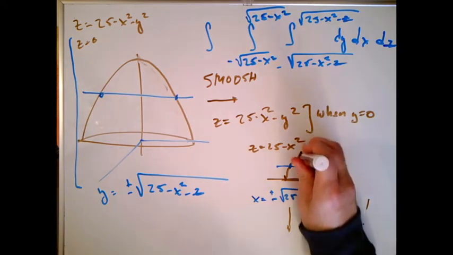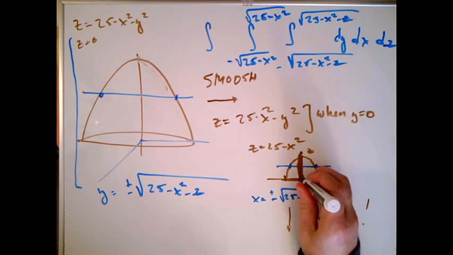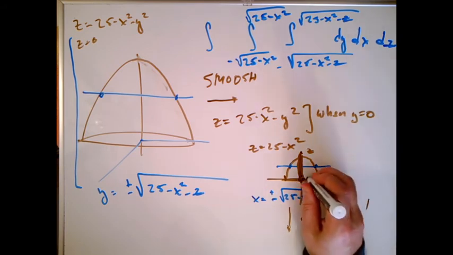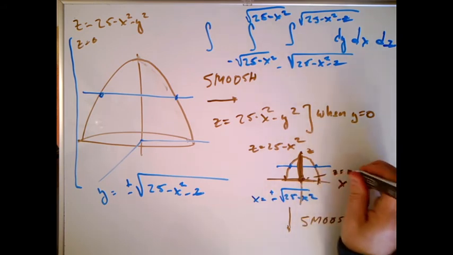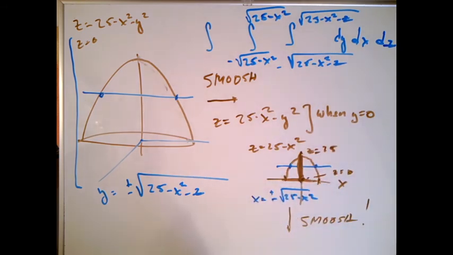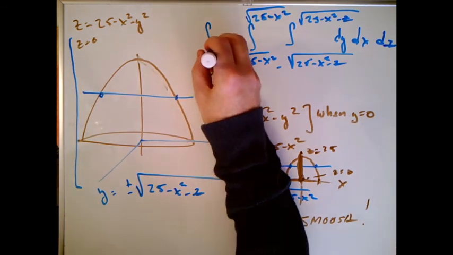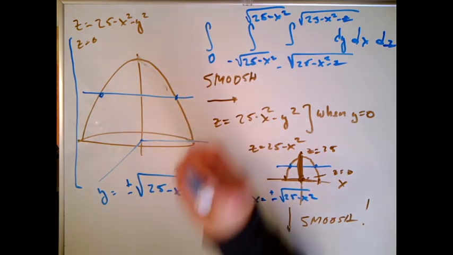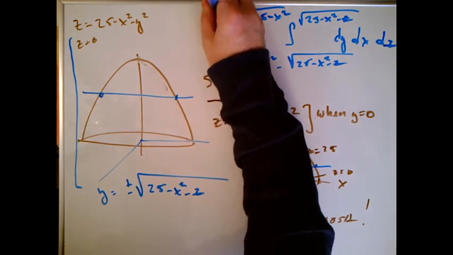That's what I'm going to smush, right? So I'm going to smush right there when z is 0 here. Here, z equals 25, because that's what happens to this parabola when x is 0. So the smallest z possible there is going to be 0. The biggest z possible is going to be 25.